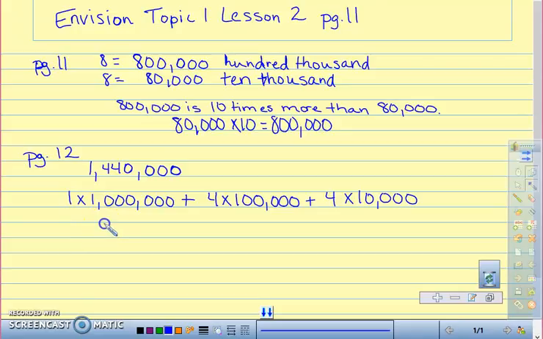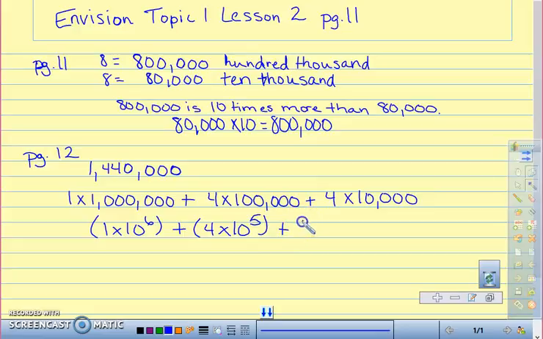Now, we're going to take this a little bit further and write this in exponents. I'm going to put these in parentheses. The exponent for 1 million is 10 to the 6th, because remember, we count the zeros, and that's how many place values we will have in our exponents. So that will be 1 times 10 to the 6th. Now this one is times 4, and if you notice, we have 5 zeros, so we get 10 to the 5th.